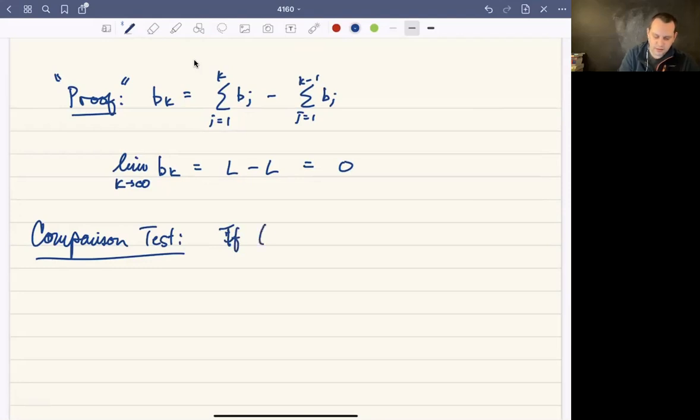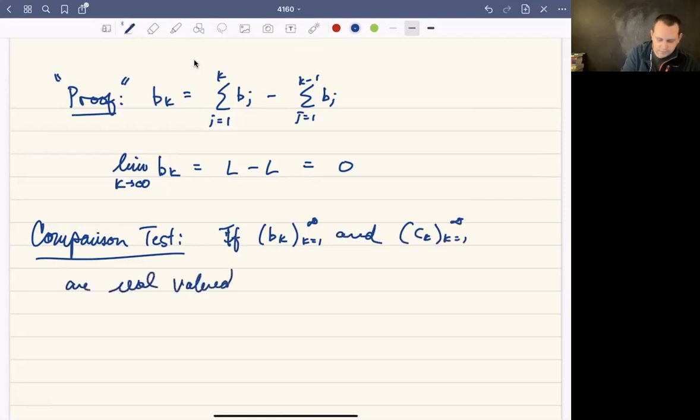So let's say that here we have b sub k and c sub k. So if these are real valued, and if b sub k is less than or equal to c sub k for all k, then the following is true.